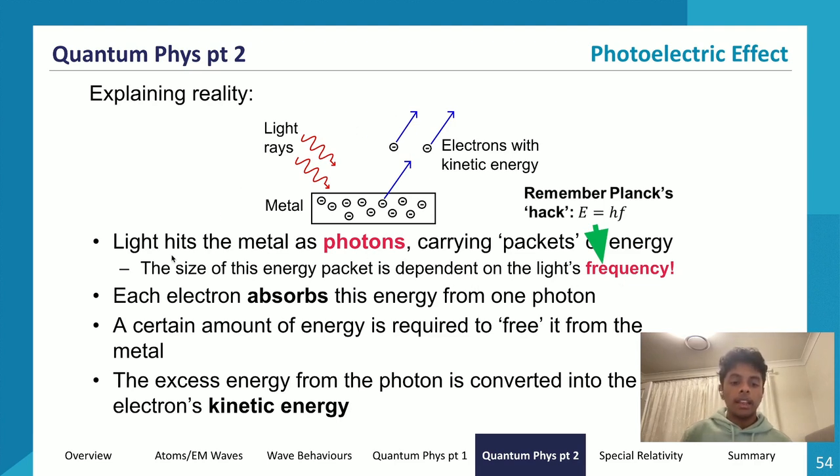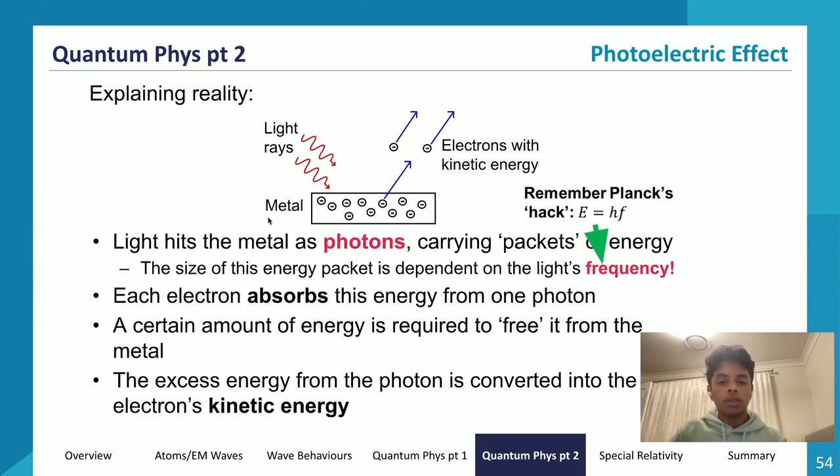So what we know is within each metal, a certain amount of energy is required to free the electrons, and this is different for every metal. So every metal has a threshold, or an energy threshold, that the electrons have to surpass to leave the metal. So this is unique. And so if an electron absorbs the energy from a photon, that means the photon has enough energy to make this electron leave. So it has enough energy for the electron to overcome this threshold.